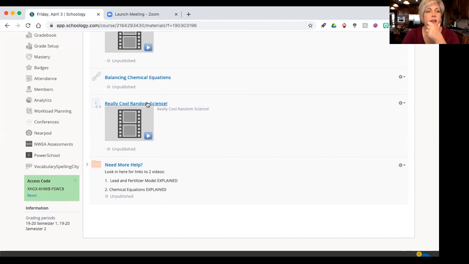I'm finding all kinds of really neat things, and I want to put those in this folder so that if you ever get bored or don't have anything to do, these are science things that don't really have anything to do with what we're working on right now, but they're really cool and I'd like to share them with you. There's a video there that explains where that is and what I'm doing, so I'll just let you watch that.